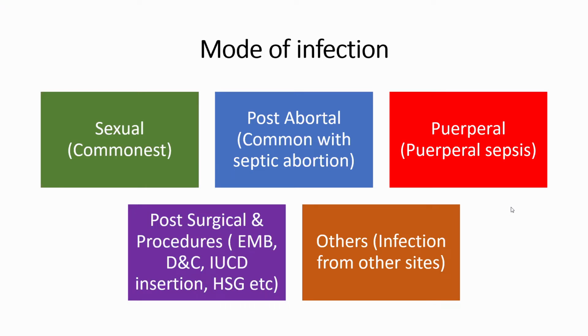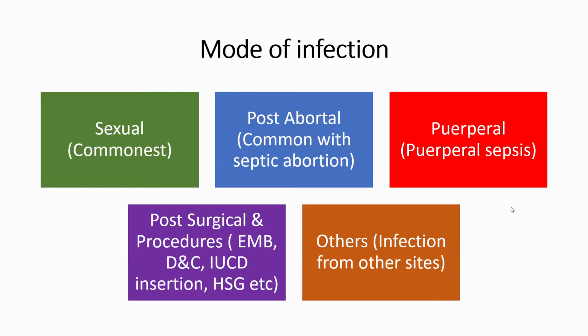Any invasive or surgical procedure can be followed by pelvic inflammatory disease if we do not follow strict septic precautions. Others include infection from other sites, like hematogenous or lymphatic spread.